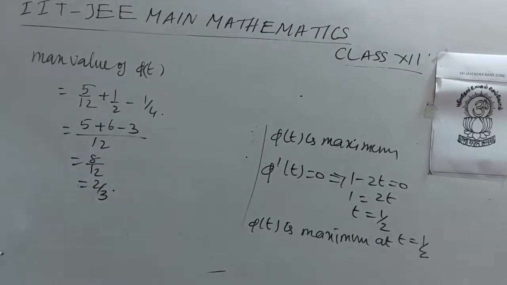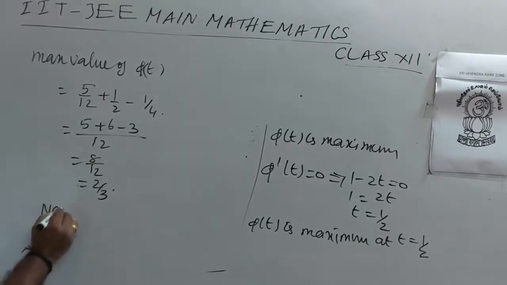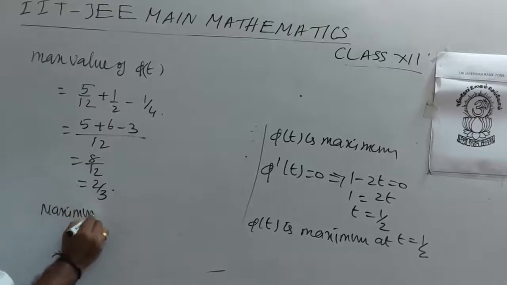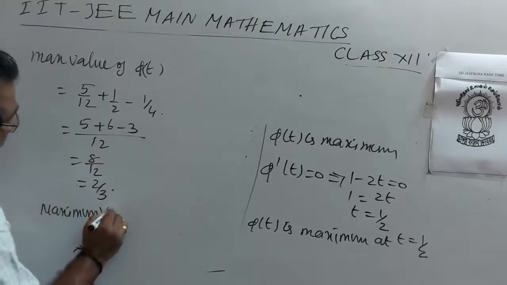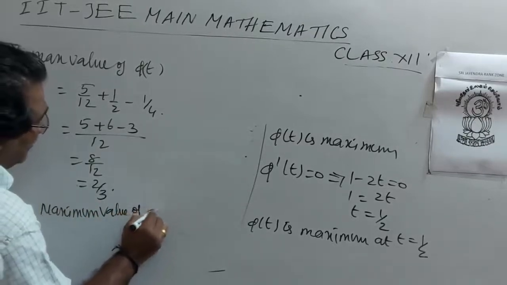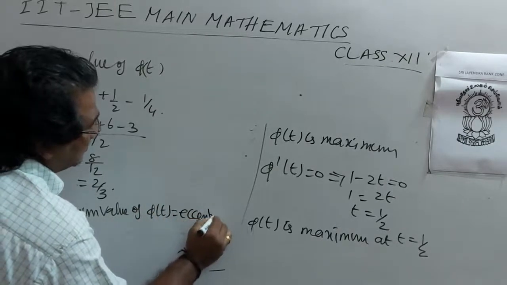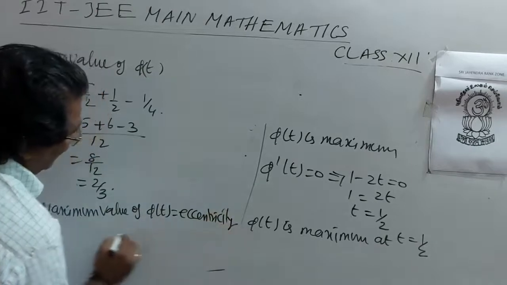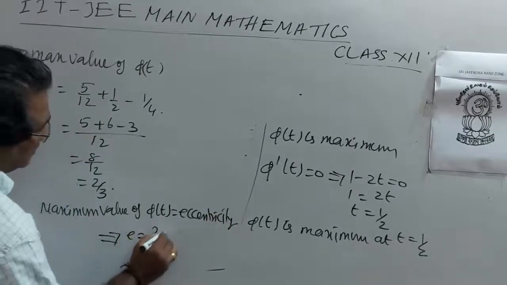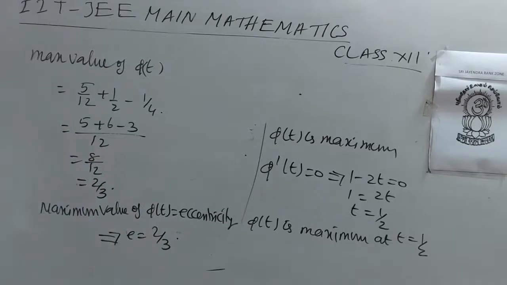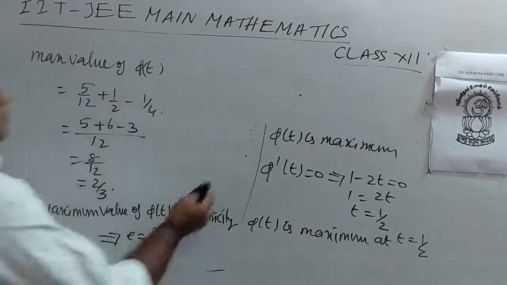So phi is maximum at t equal to 1/2, and the maximum is 2/3. So the maximum value of phi of t is equal to the eccentricity, which implies e equal to 2/3.